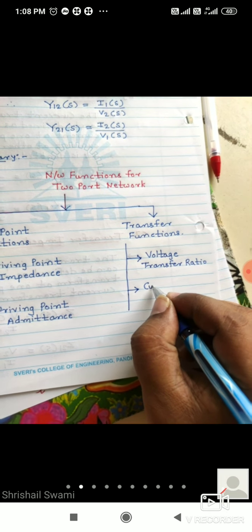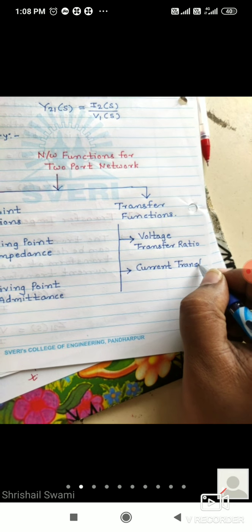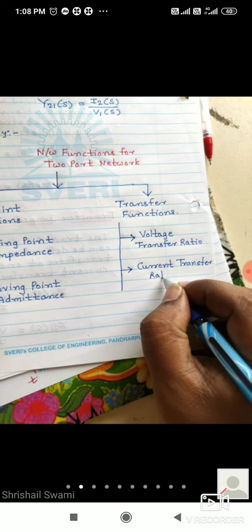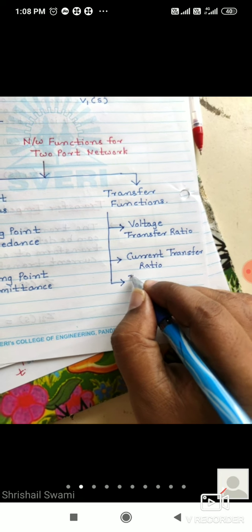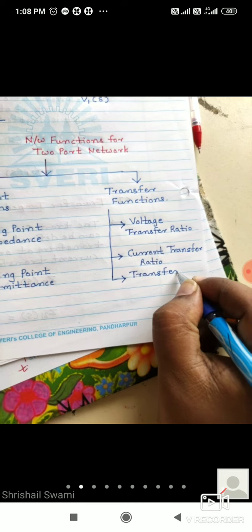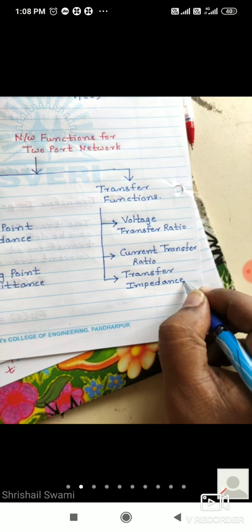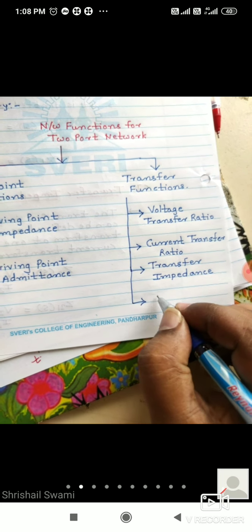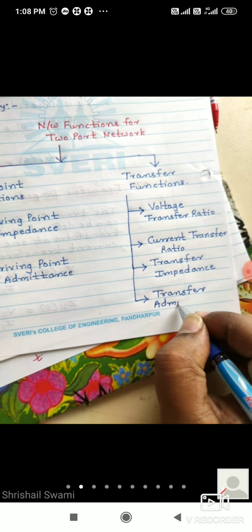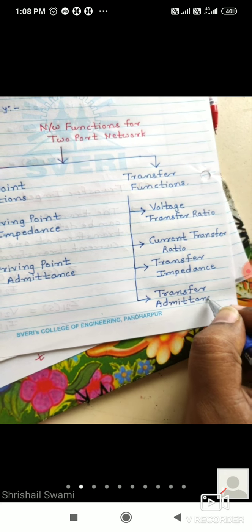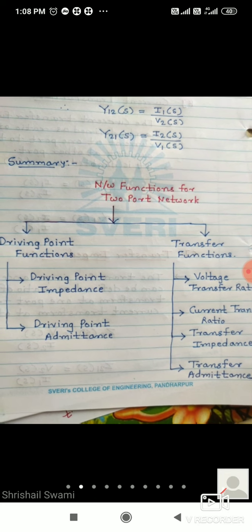Second one will be current transfer ratio. Next, third will be transfer impedance. And after that, last one, transfer admittance. So this is the classification we can say related to network functions for two-port network.